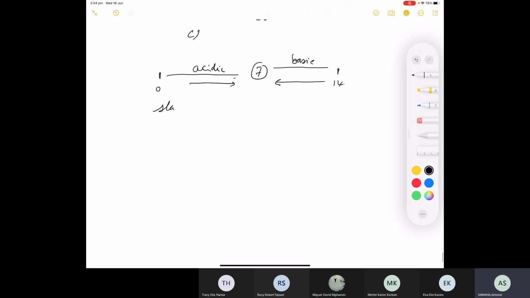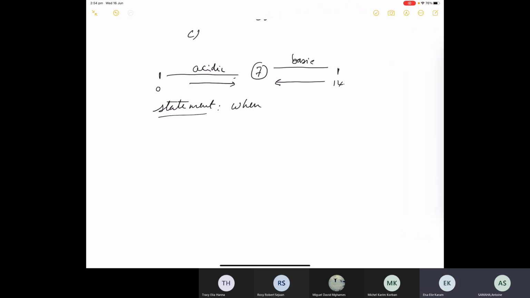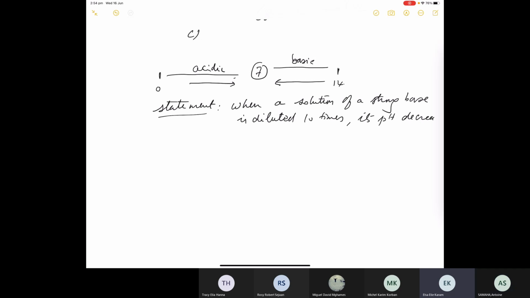So, a statement: when a solution of a strong base is diluted 10 times, its pH decreases by 1 unit.